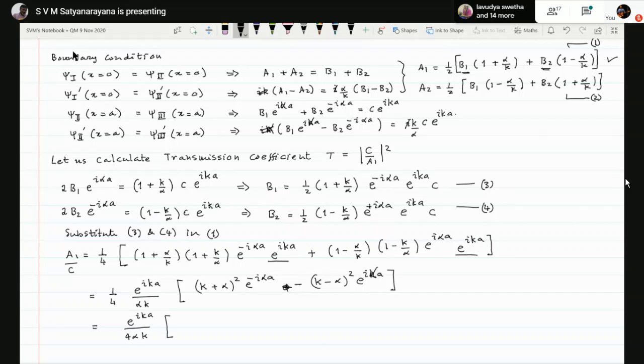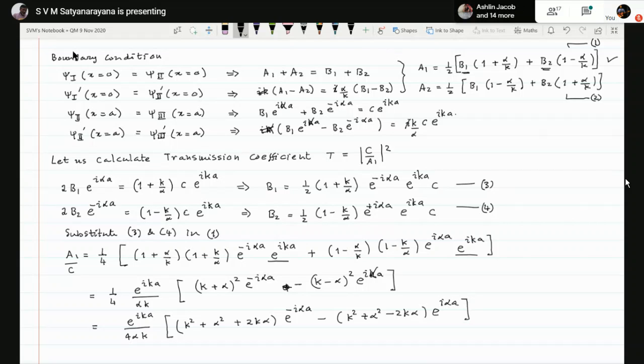Into, if you expand this, I have k square plus alpha square plus 2k alpha into e to the power minus i alpha a minus k square plus alpha square minus 2k alpha into e to the power i alpha a.